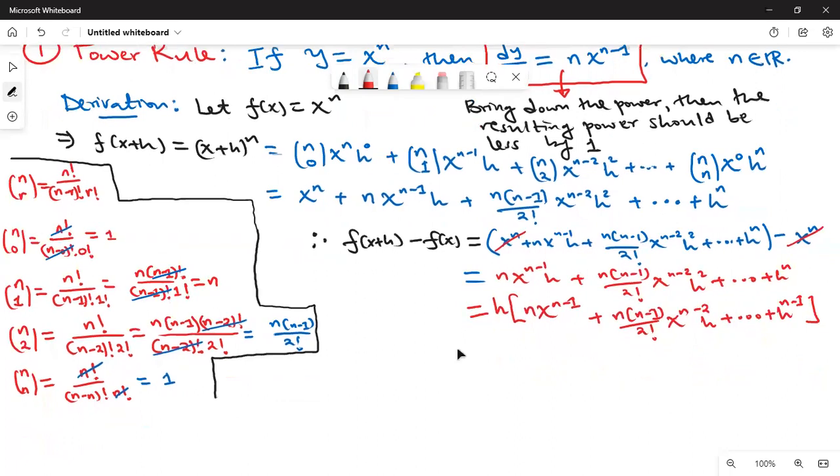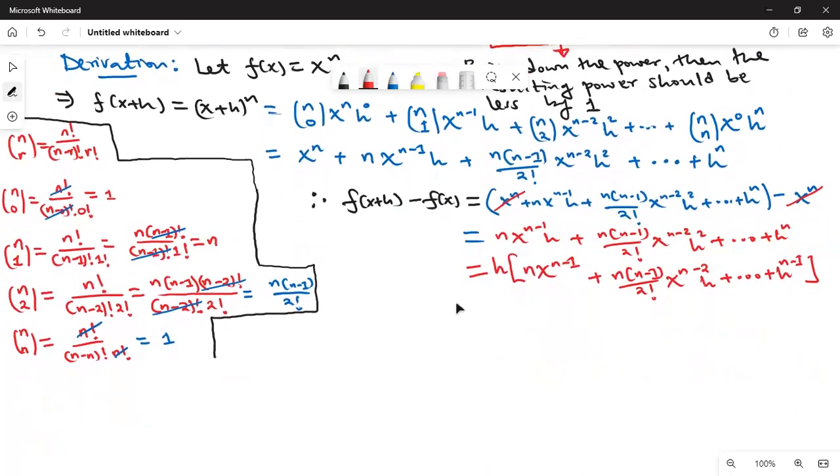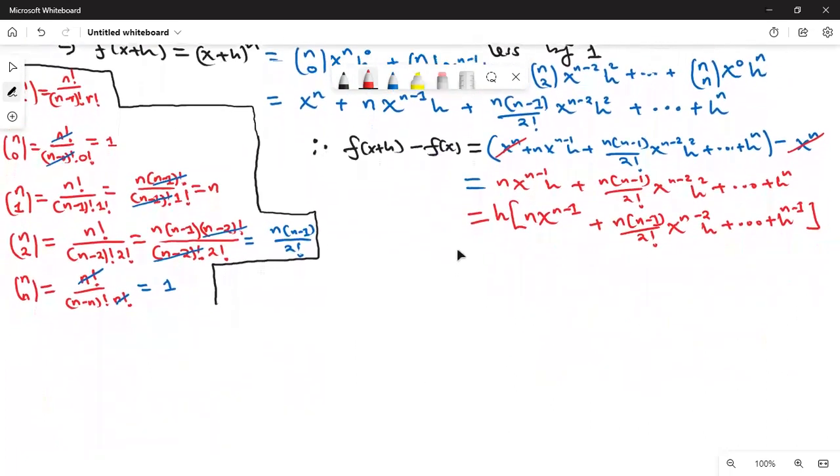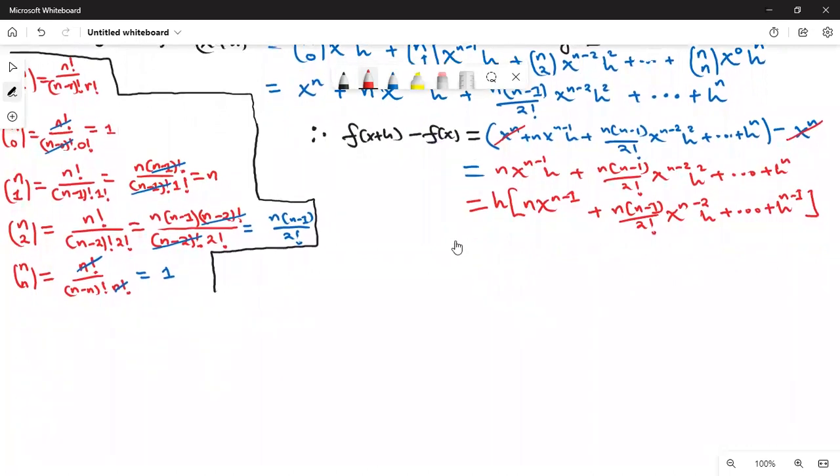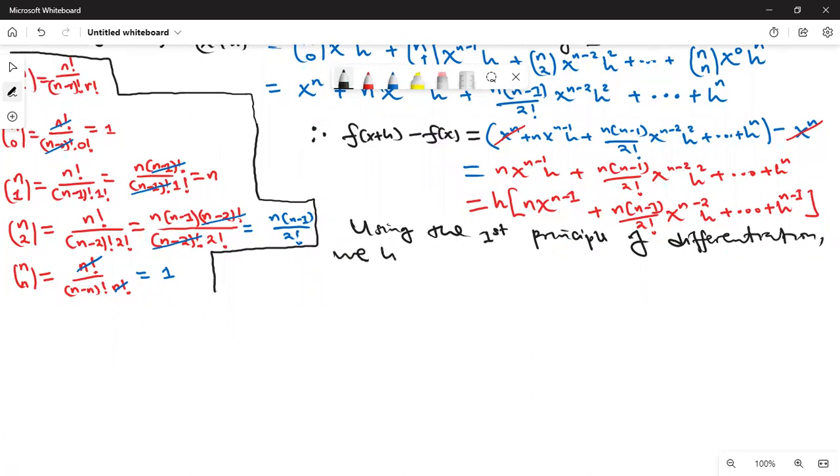So now let's go back to our first principle of differentiation. So using the first principle of differentiation, what will it give us?